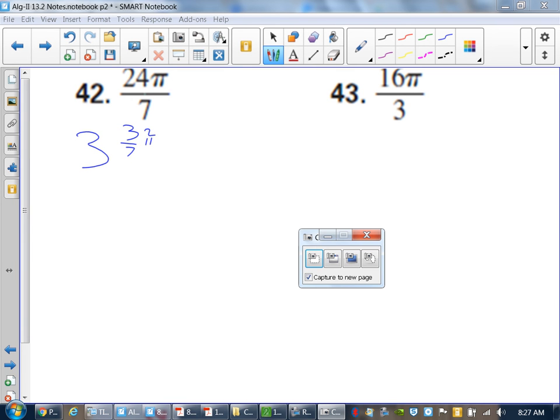So as you go to place this one to start with, 1 little, 2 little, 3 little pi's, 3/7. Is that more or less than half? Less than half. So the terminal side will be in quadrant 3.